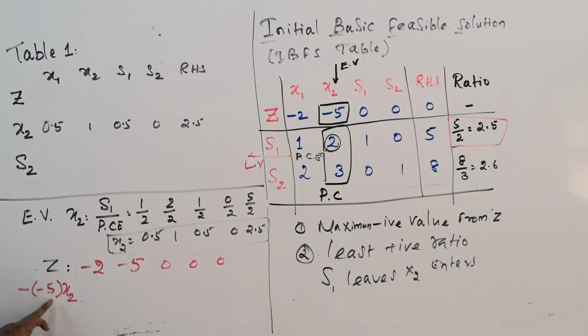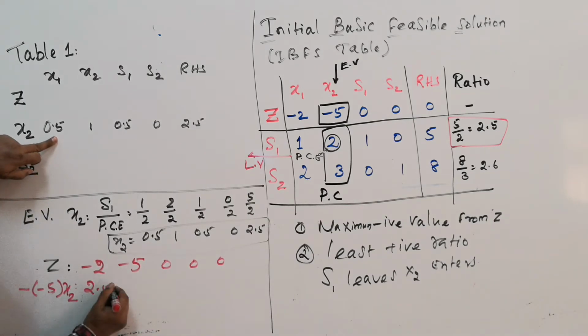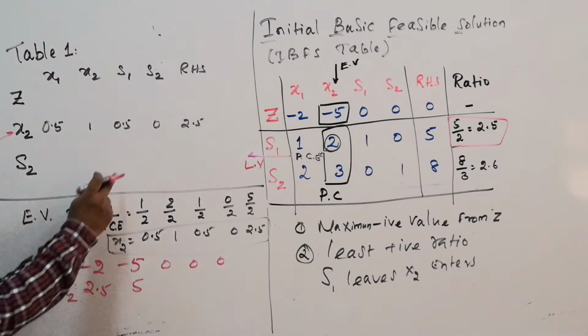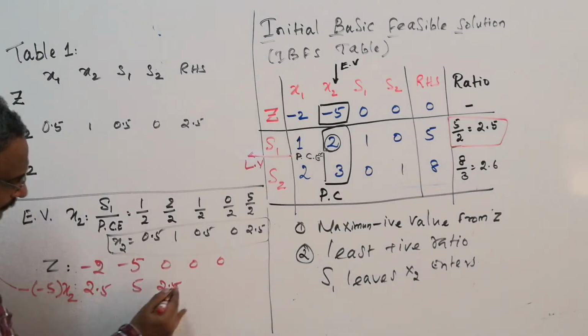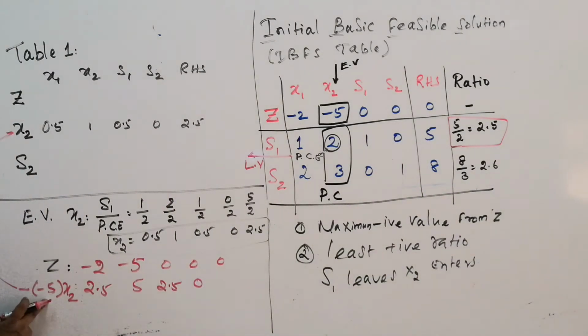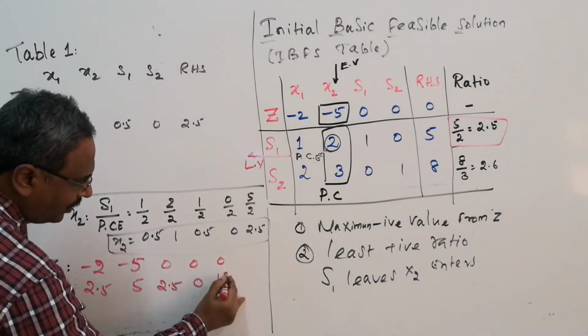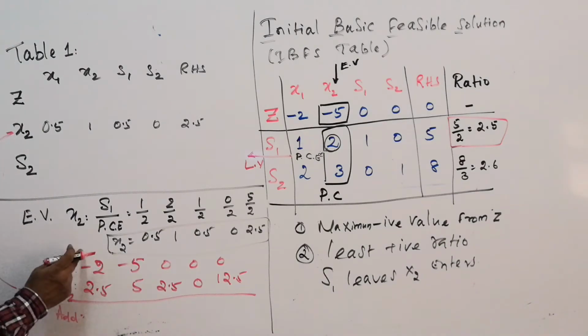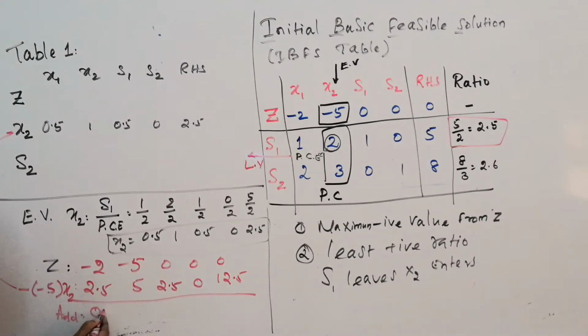So 5 into 0.5 is 2.5, 5 into 1 is 5, 5 into 0.5 is 2.5, 5 into 0 is 0, 5 into 2.5 is 12.5. I am going to add these two numbers. So -2 plus 2.5 is 0.5.